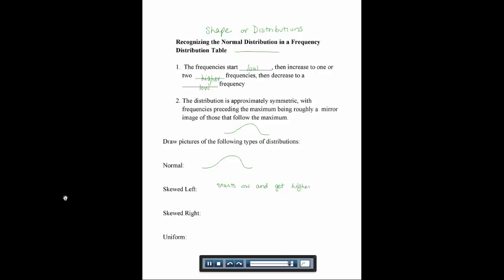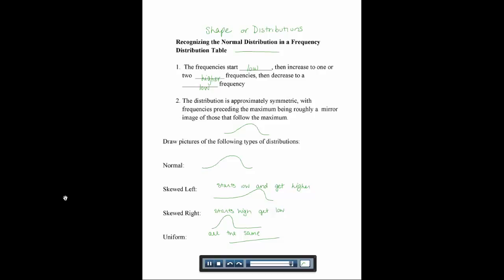So it would look like this. Skewed right is the opposite. It starts high and they get lower. Okay, and then uniform is when they're all the same. So a graph would actually just be a straight line across.